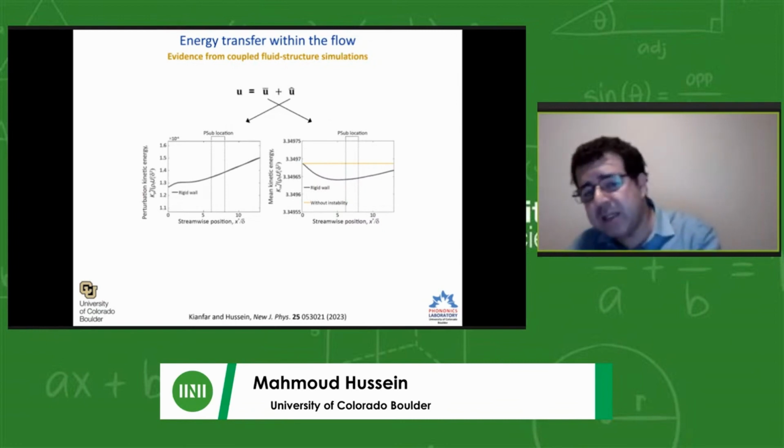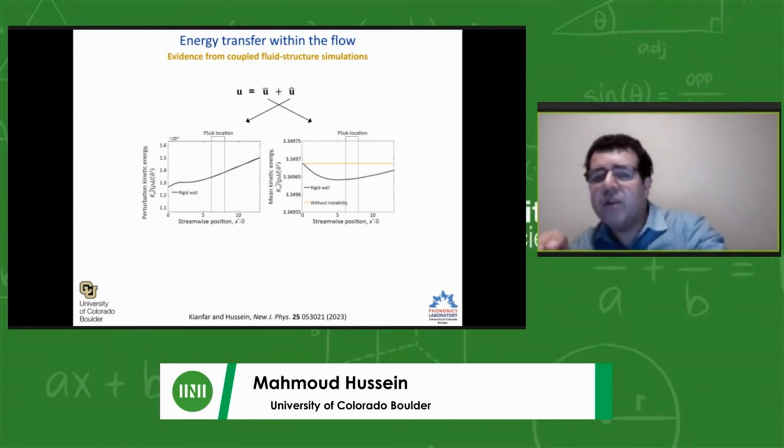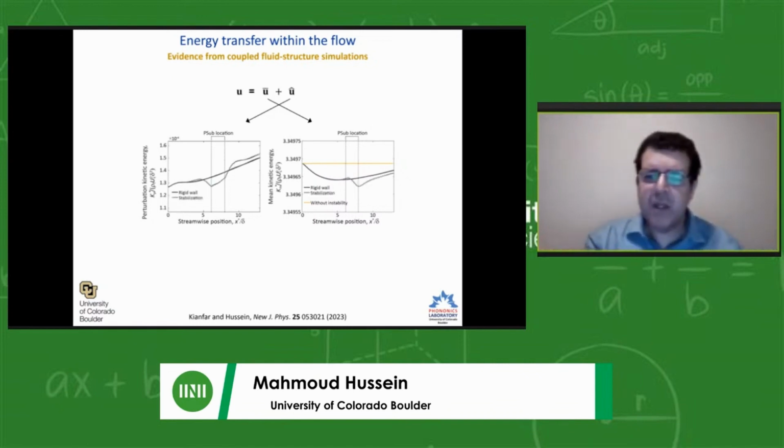Now, it increases a little later because even without applying a P-sub, the picture here, the P-sub is not applied yet, but it increases later downstream because the mean flow starts getting affected itself. So in a way, you can view this as the very early stages of birth of turbulence. It's beginning to increase.